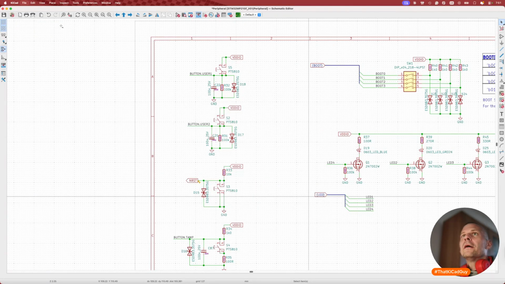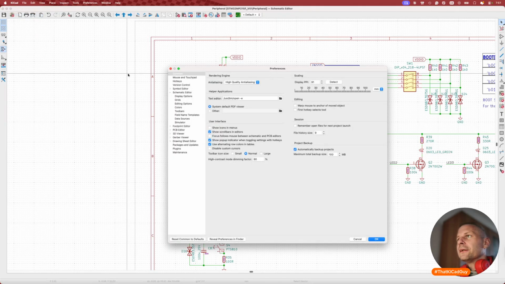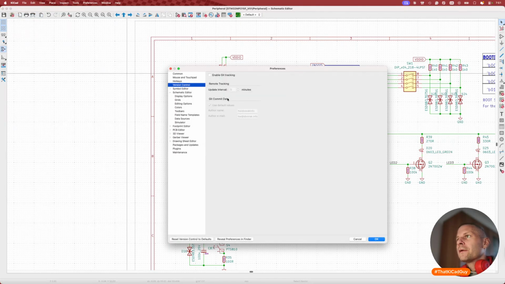One thing. KiCad version 10 brings the version control, Git tracking, and at first I enabled this, but what happened? KiCad started creating a .history hidden folder in my project folders and started storing the project files inside of the .history folder.